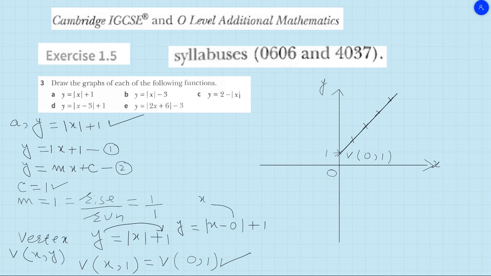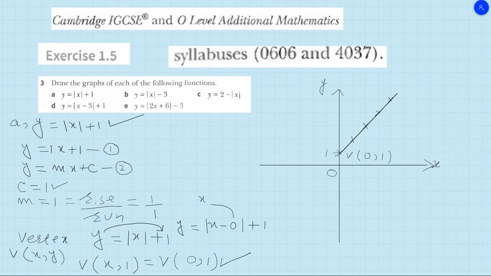Student, if your teacher gives you another method to find the vertex and you feel comfortable with that method, then carry on. There are so many methods in maths. So you can apply the method where you feel comfortable, but the answer should be correct. If the vertex is (0, 1), then whichever method you apply, the vertex should be (0, 1).